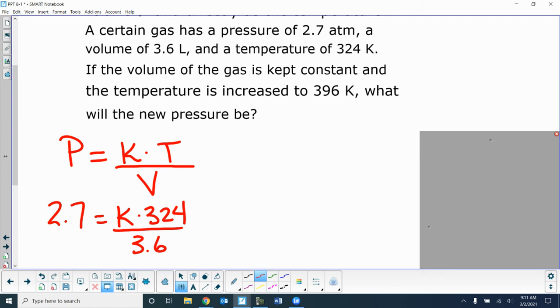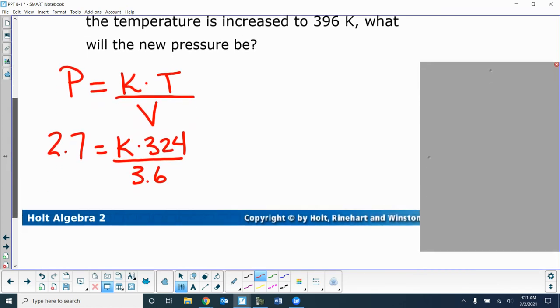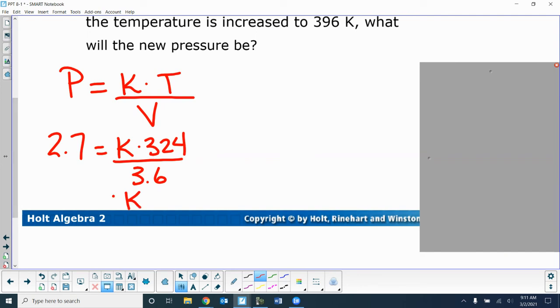Pressure's P. It said temperature, T. It said volume. Okay? When you solve for K, what is it, 0.03? When you do the math? Multiply by 3.6, divide by 324, right? We should all be able to get to K. Now, it says this.